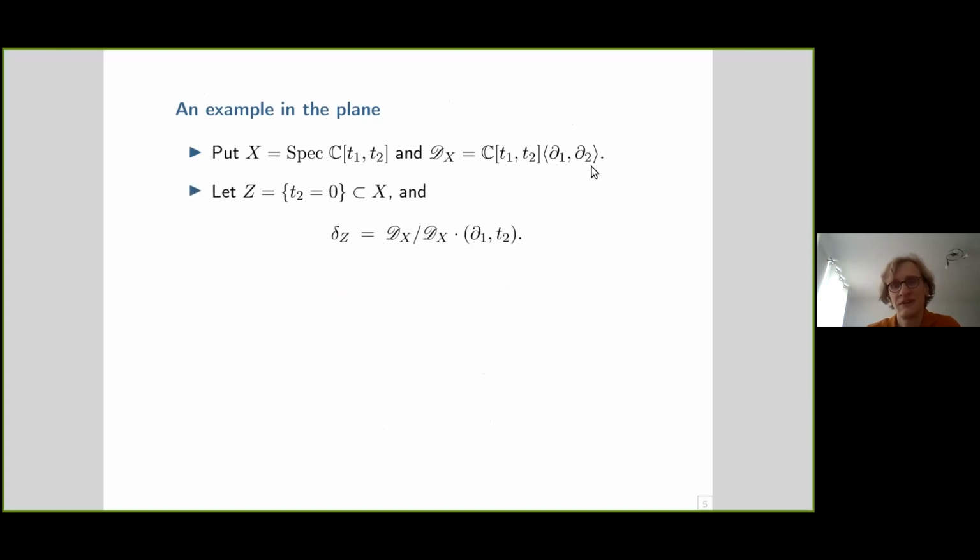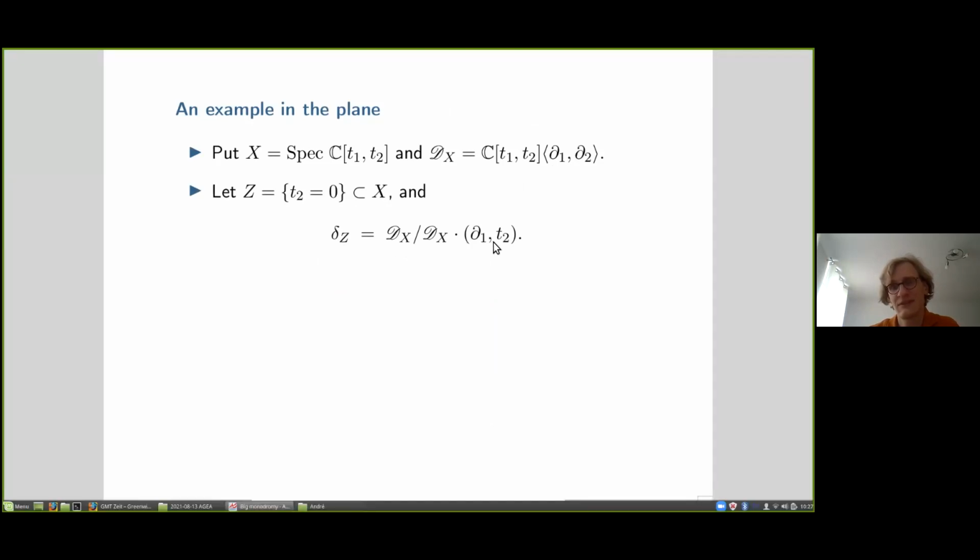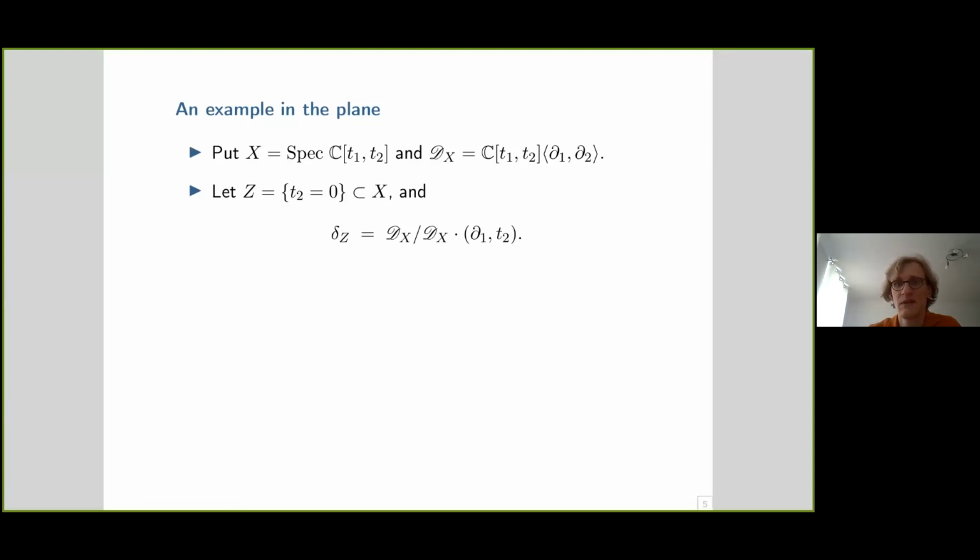And say you look at the T1 axis, Z here, then you can define a simple D module supported on that axis by just taking the quotient of dx by the left ideal generated by partial 1 and T2. So this is kind of mixing the first 2 examples. So it's the Dirac module in the T2 direction and the structure sheaf in the T1 direction.